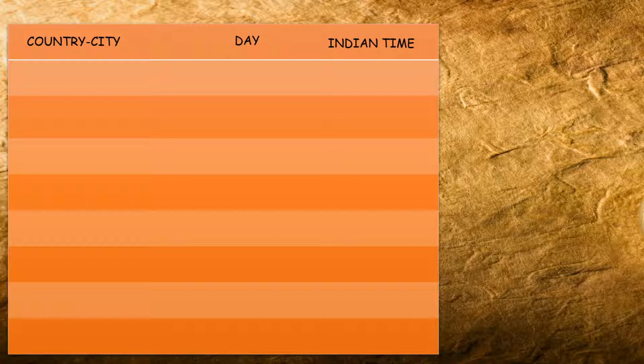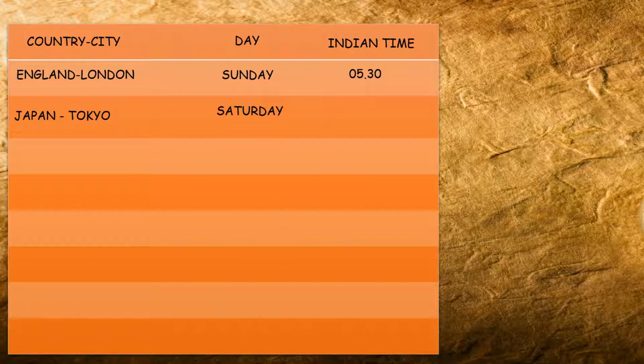First of all, you will see England, London. When England, which is located in London, was celebrating their New Year, that time in India, it was already Sunday and the timing is given 5:30. When Japan, Tokyo was celebrating New Year, that time in India it was Saturday, and the timing given is 20:30 hours.